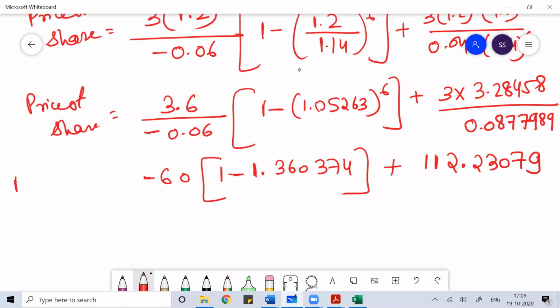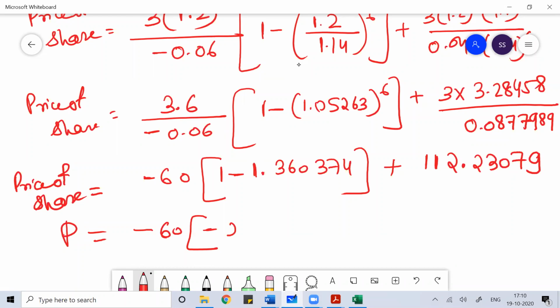So the price of share is equal to minus 60 into 1 minus 1.360374.